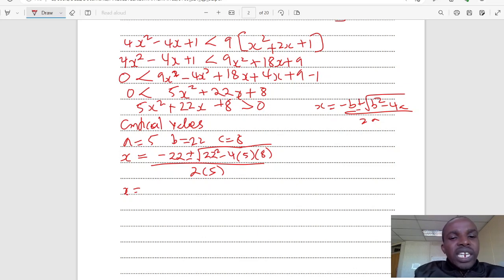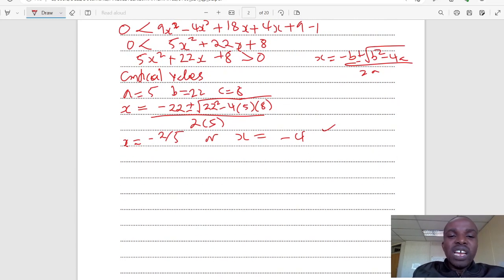Right, for the solutions, you get x is equal to negative 2 over 5, or x is equal to minus 4. So these are called the critical values of x. The smaller one is negative 4, and the bigger one is negative 2 over 5.